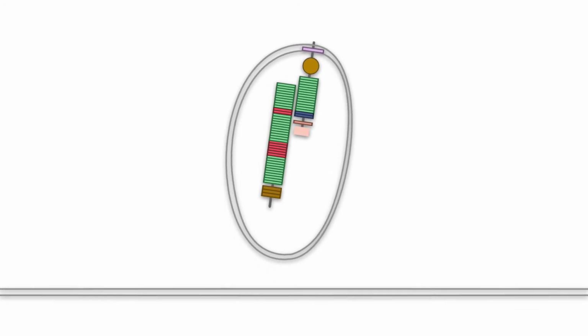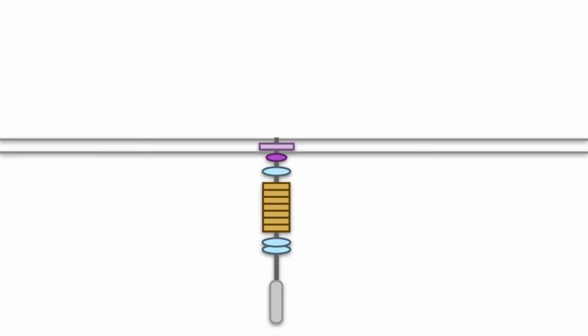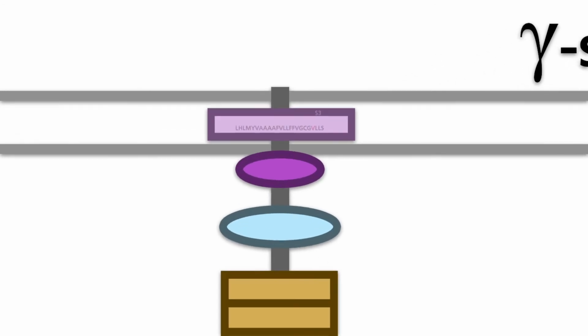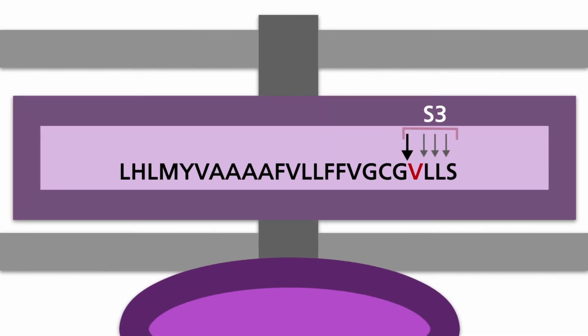After shedding the Notch ectodomain, the transmembrane domain of the remaining Notch fragment is attacked by a gamma secretase, a member of the multi-component complex belonging to the family of intramembrane cleaving proteases. Cleavage starts at the S3 site. As a result of cleavage, various amino acids may be present at the N-terminus of the Notch intracellular fragment.